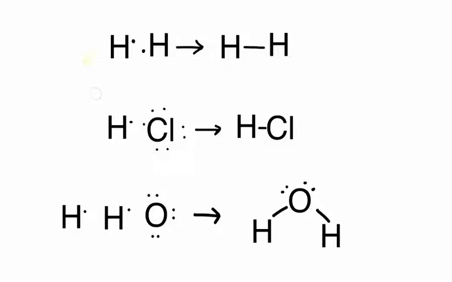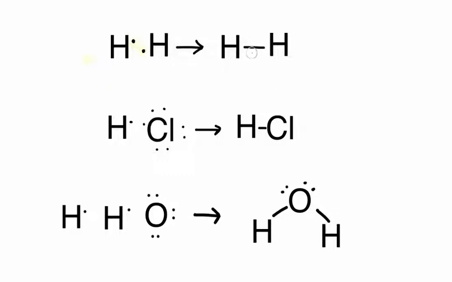Now, ready to start off, over here we have two hydrogen elements, or two hydrogen atoms you can say, and each of them carries one valence electron, just one electron. One of the best ways to provide stability for each of these hydrogen elements is to form a covalent bond where they share these electrons.